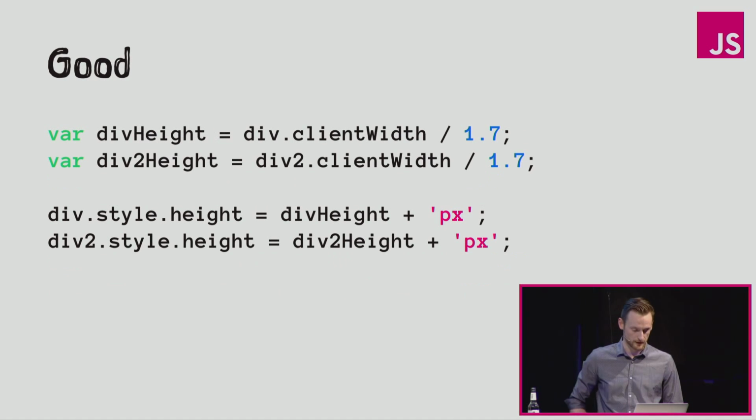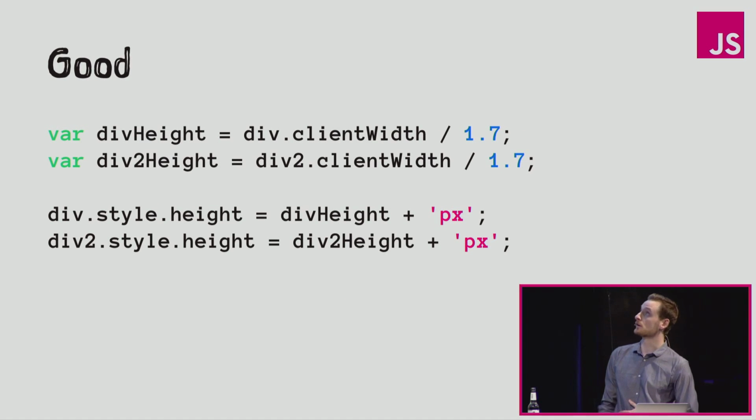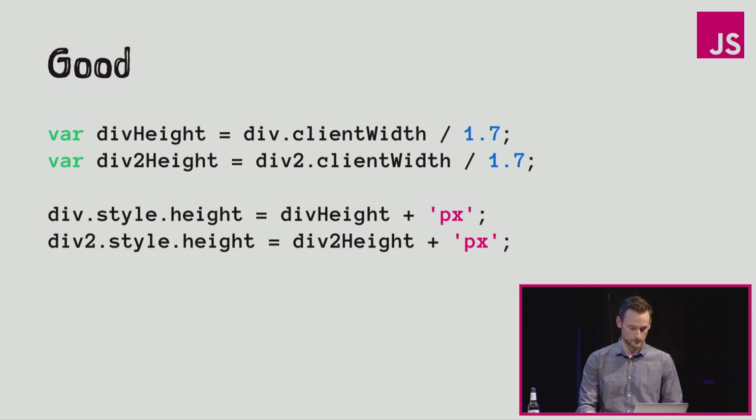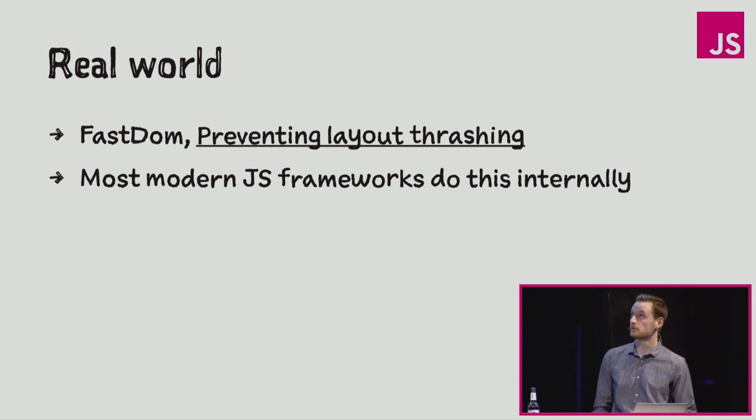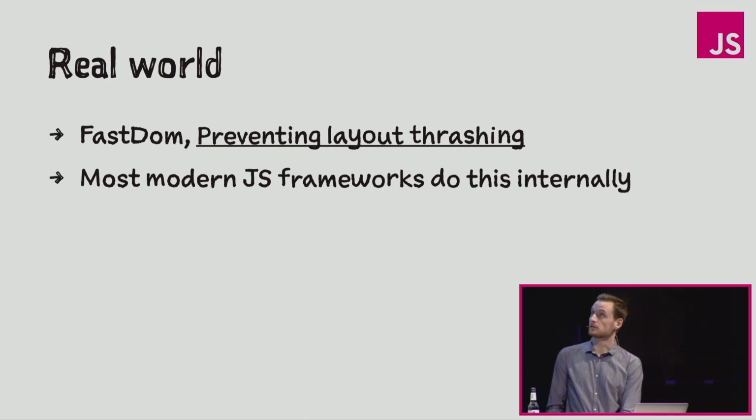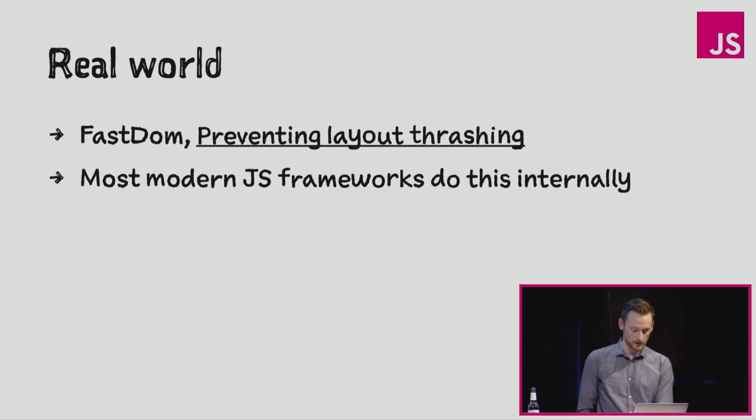So the best way to do that is actually to do your reads in one go and your writes in one go. So you want to actually read all the values back, and then you want to write them in one go. So this is obviously naive code. The real-world situation is there's a library, if you're not using a framework, called FastDOM, which is pretty good.